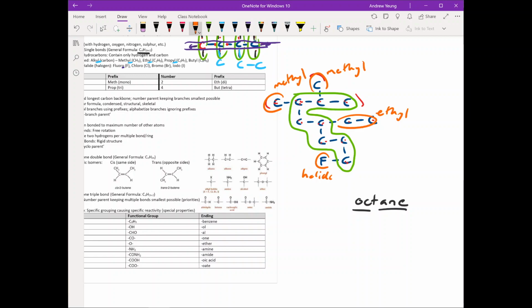And then we just need to number our parent, so if we can, keep the numbers tiny. If I number it from top to bottom, my branches are at 2, 3, 4, and 8. If I number it from bottom up, I already have a branch at 1, so probably I want to number it in this fashion here. We'll notice the fluorine here doesn't have a carbon associated with it, so it's not holding other hydrogens secretly like this one is.